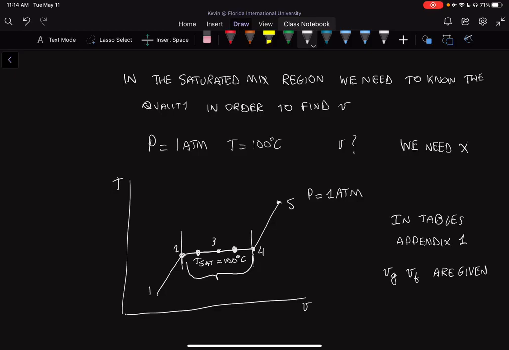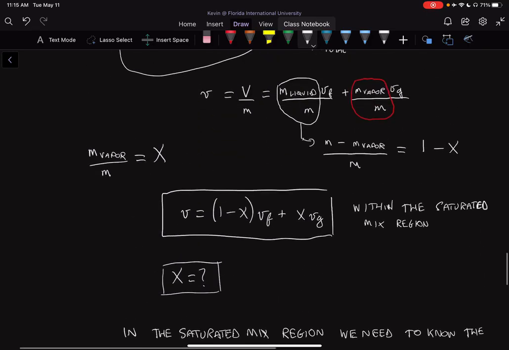And if we have quality, then we can find what the specific volume is. Remember, all these tables are experimental, so there's no simple equation that can help you find the specific volume. You need to use experimental tables to find Vf, Vg, and then, if you have the quality, you can find v from this equation.